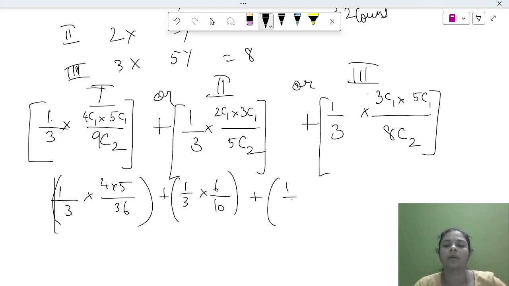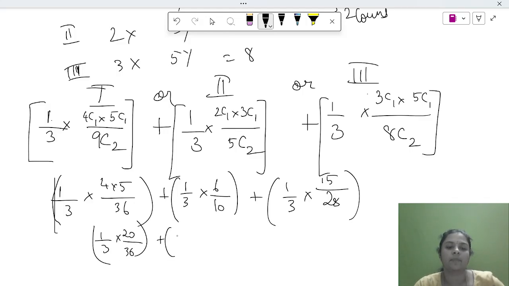Plus 1 by 3 into 5 3s are 15 by 7 into 8 by 2, 7 into 4, 28. So this will be your final answer. 1 by 3 into 20 by 36 plus 1 by 3 into 6 by 10 plus 1 by 3 into 15 by 28.